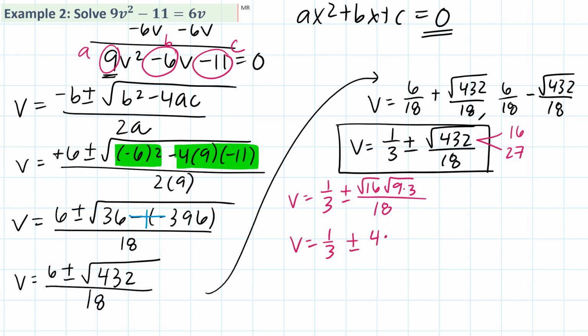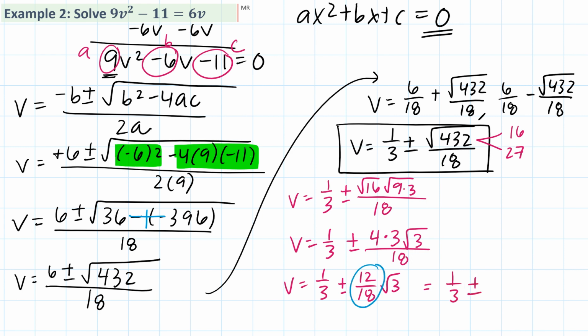Square root of 9 would be 3. These are all next to each other or being multiplied. You still got that square root of 3 over 18. So v is 1/3 plus or minus 12 over 18 root 3, or 1/3 plus or minus, I'm going to reduce the fraction outside of the root, so that would be 2/3 square root of 3.